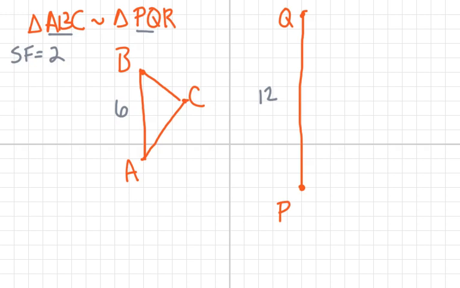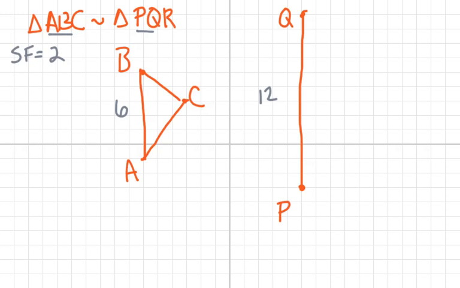Now the problem is we don't have any horizontal lines to measure the distance from B to C. It's diagonal. So instead, we're going to look at the relationship between B and C. How do I go from B to C using vertical and horizontal lines?